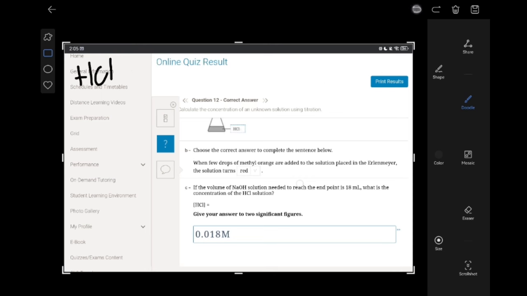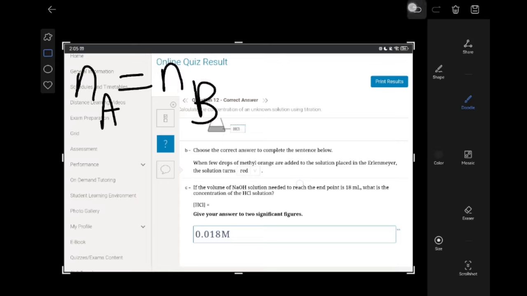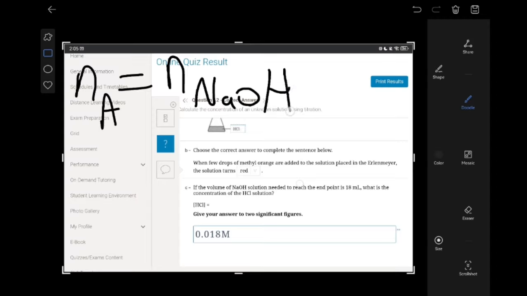So N of the acid equals N of the base, and from now on I'm just going to write the acid and the base because it takes too long to write it like that.